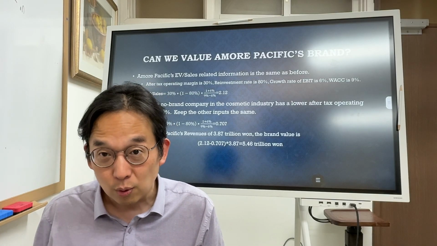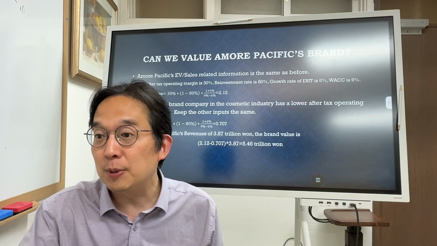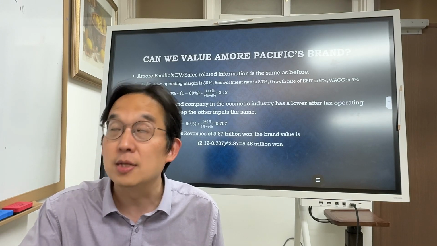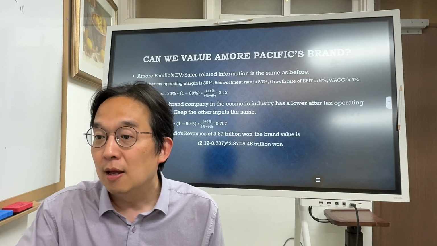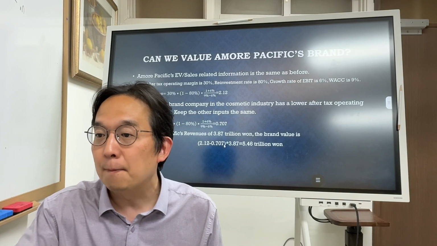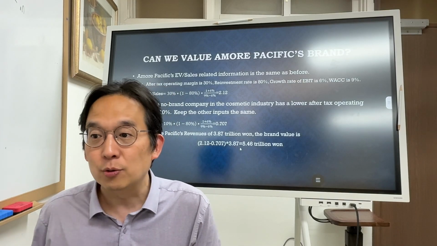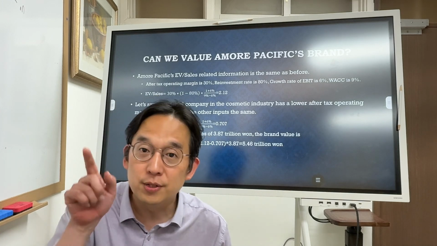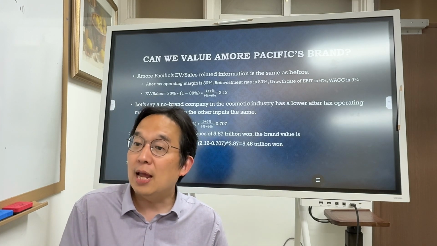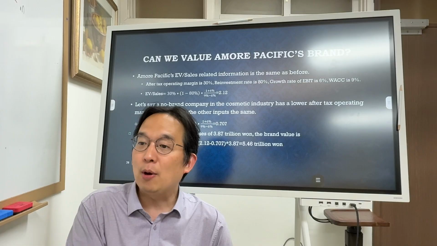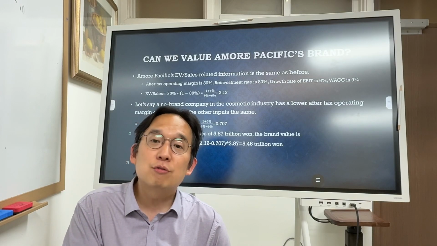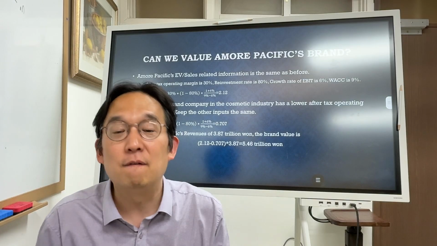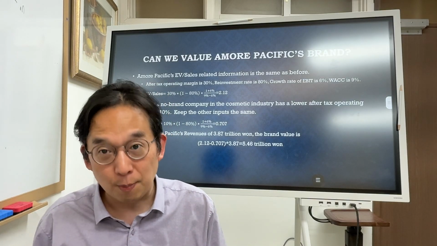Now get the difference between these two, 2.12 and 0.707, and multiply it by your sales amount, which is 3.87 trillion Korean won as of this fiscal year, and that gives me 5.46 trillion Korean won, and that is our estimate of the brand equity of Amore Pacific.